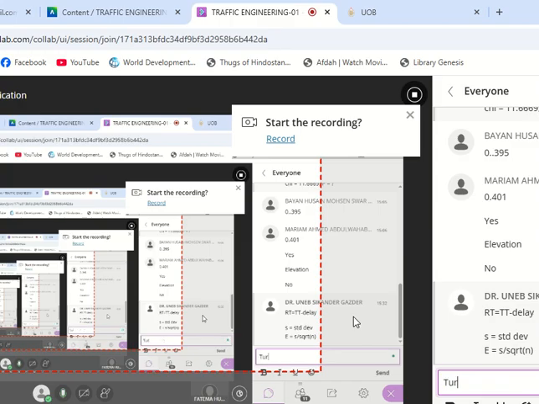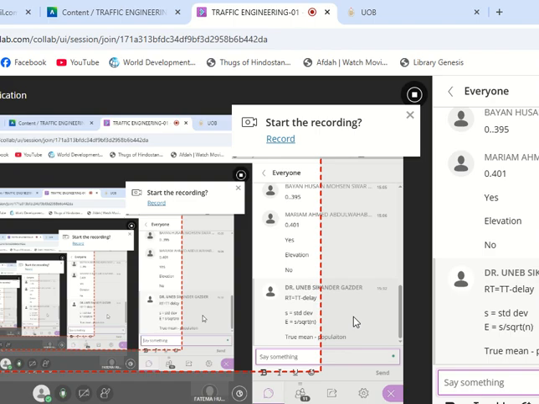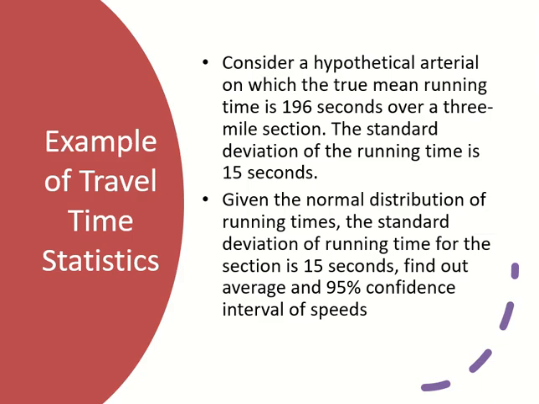So the word true, or true mean, is for the population. So when data is given for the population, then E is S: the standard deviation is directly the E value, the standard error.